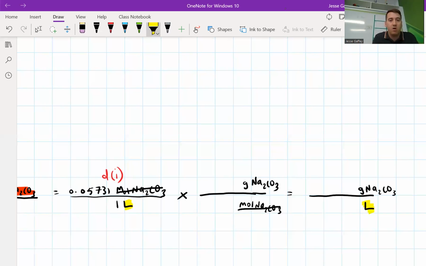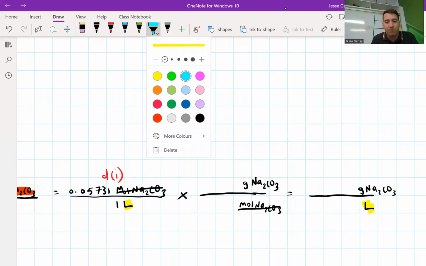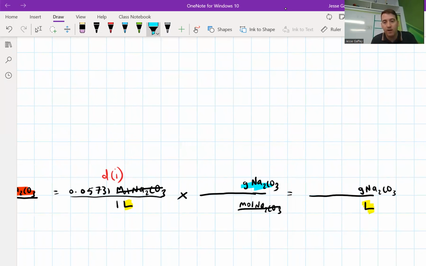Now I've cancelled the moles and I've been left with grams of Na2CO3. That's what's over here. So good, this is grams per liter. That's how conversion factors work. My students should be very familiar with that. So the next thing is, for 1 mole of Na2CO3, how many grams is that? Pause the video and work that out now.